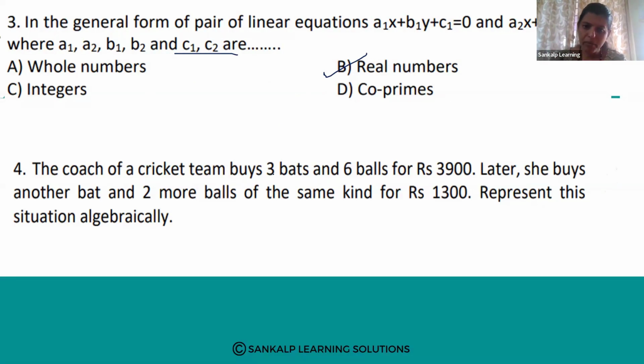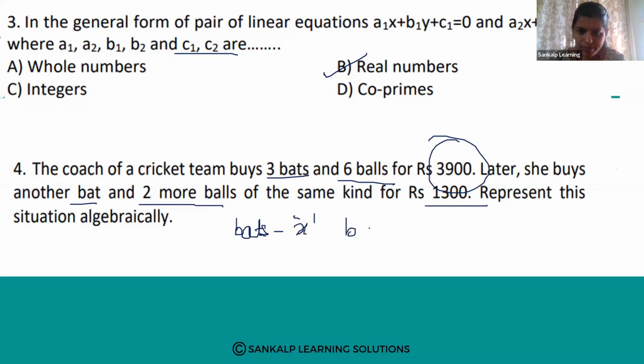The coach of a cricket team buys 3 bats and 6 balls for rupees 3,900. Later, she buys another bat, meaning only one bat, and 2 more balls of the same kind for Rs 1,300. Represent this situation algebraically. Let us consider bats as X and balls as Y. How many bats are there? 3 bats, right? 3x plus 6y is equal to 3,900.